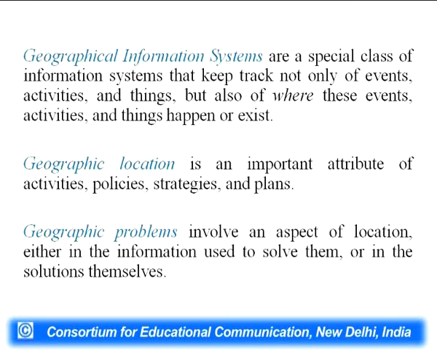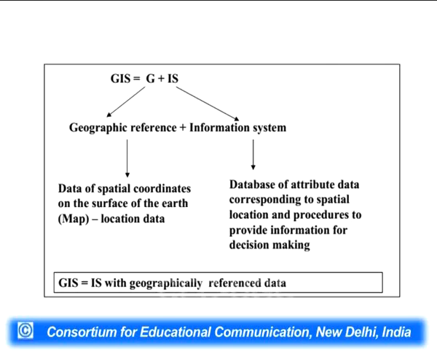When we talk about geographic information, it should have locational attributes. In GIS, we analyze these locational attributes, like what is where and how it is there, what patterns we can find, and with these patterns and analysis of the data we try to solve geographic problems. So in a simple way we say GIS is geographic reference plus information system.